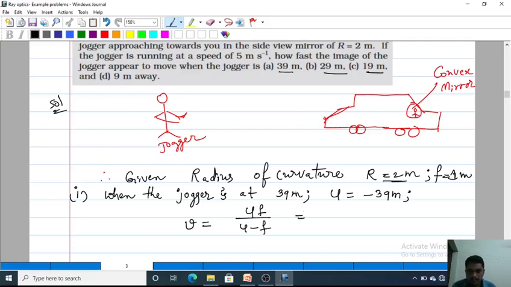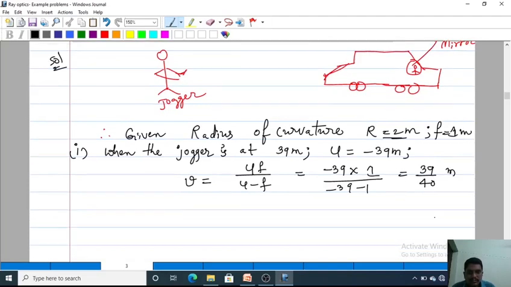In the previous problem we discussed this relation, where u equals minus 39, and the focal length is 1 meter. So minus 39 minus 1 is minus 40, and minus 39 by minus 40 gives finally 39 by 40 meters.